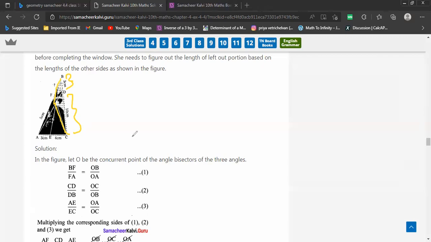And now you're taking this triangle: AE by AC is equal to OA upon OC. Can you follow this? Yeah.